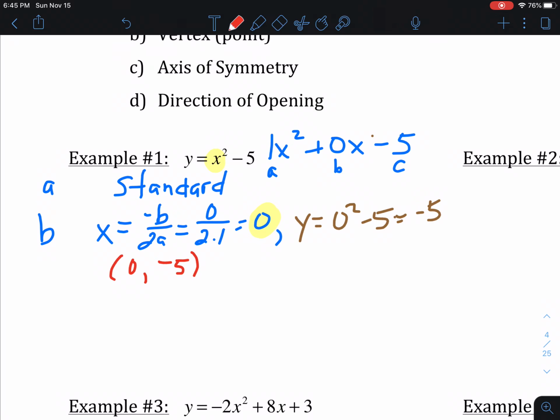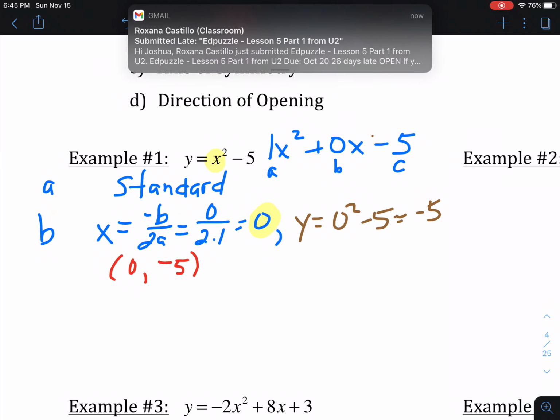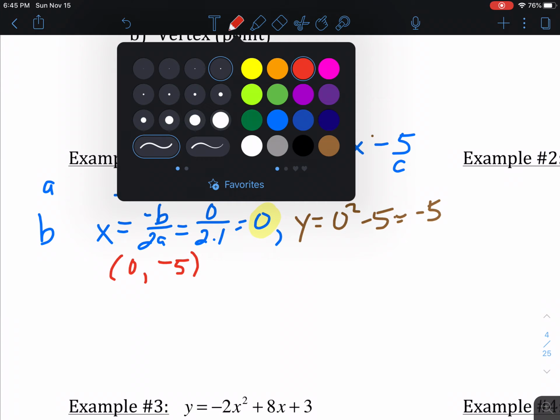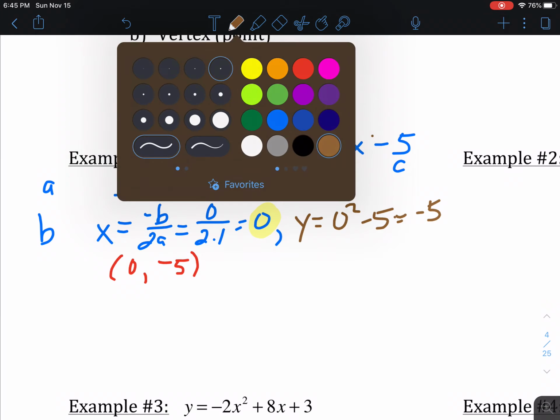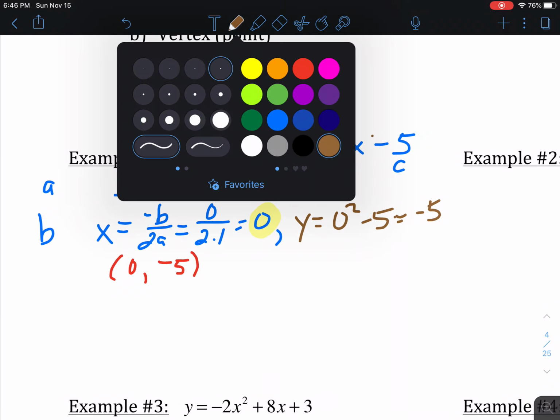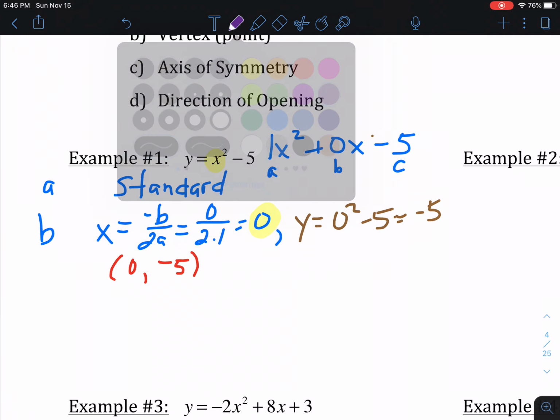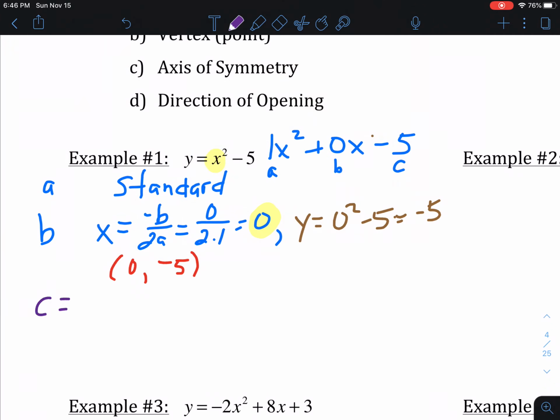The axis of symmetry, letter C, is an equation, x equals, and the number I choose will be 0, because that's the x-coordinate of my vertex.